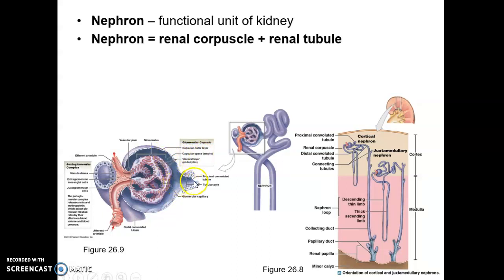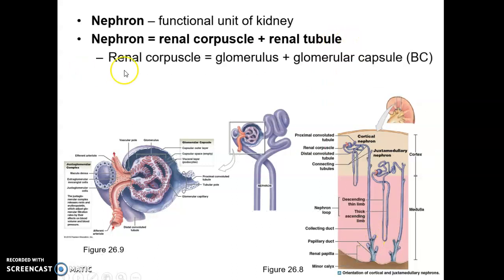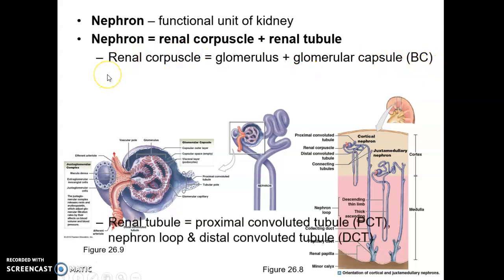And then as the filtrate works its way through the renal tubule, it gets modified, and what leaves the renal tubule and drops into the collecting duct is what we call urine. So the renal corpuscle, as I mentioned, includes the glomerulus and this structure that encapsulates it, the glomerular capsule, also called Bowman's capsule. That's what the BC here is.